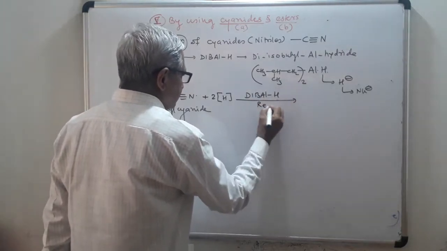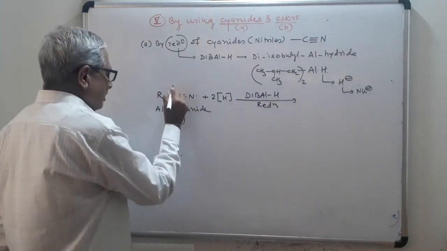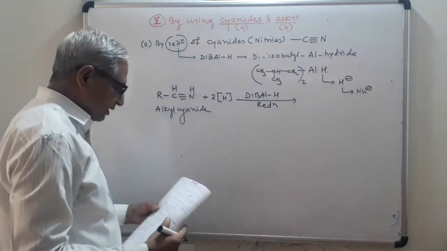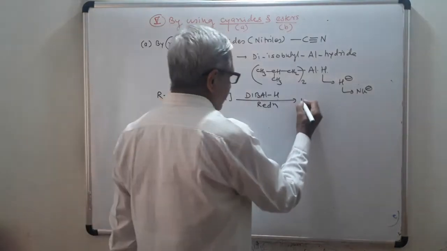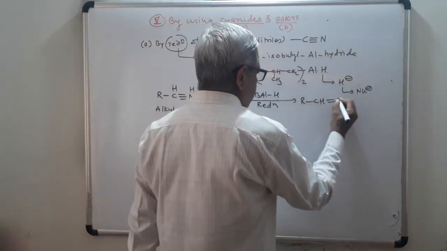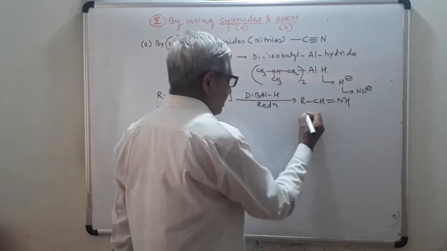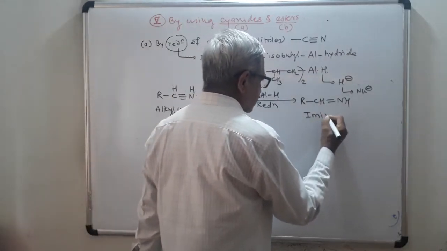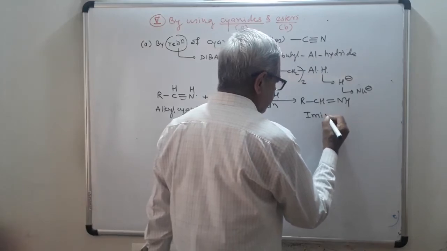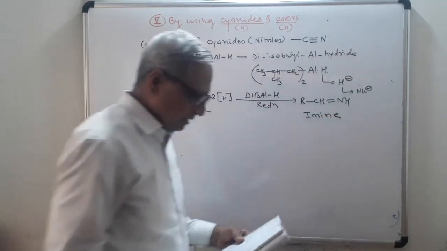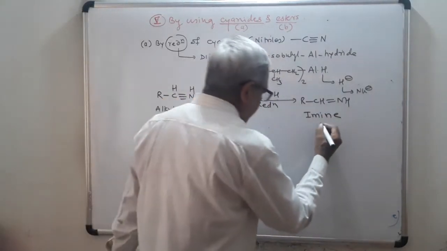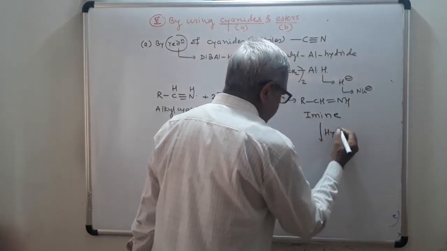So this is a reduction reaction. You will add 1 hydrogen atom here, another hydrogen atom here. So you will get RCH=NH. The triple bond will be converted to the double bond, and this structure is known as imine. Then this imine will undergo hydrolysis.